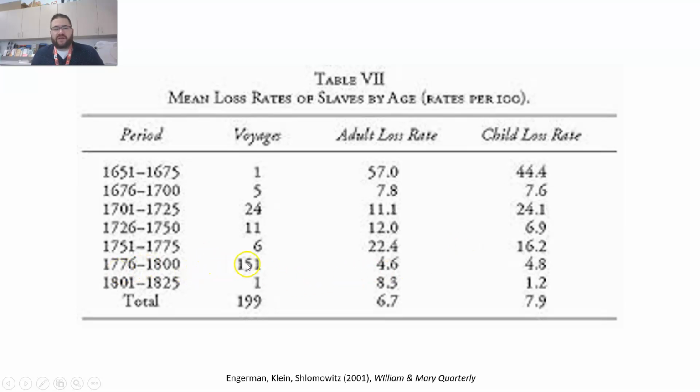We see here in that one time period that we examined on the other table, from 1776 to 1800, the adult death rate on average was 4.6, or about 5 kidnapped and captured African individuals who would be forced into slavery would die, and 4.8 children who would be forced into slavery would also die.